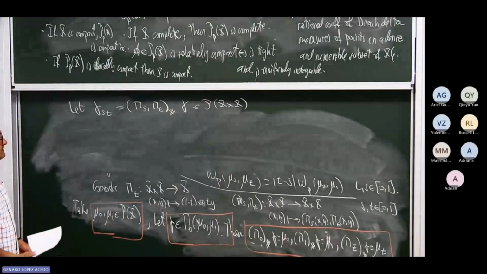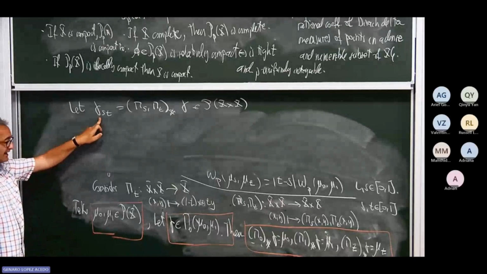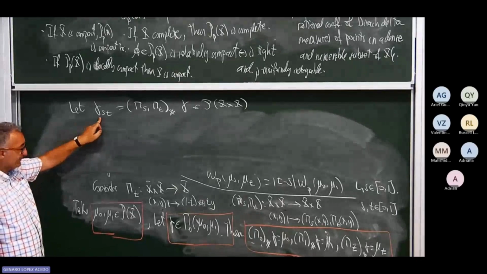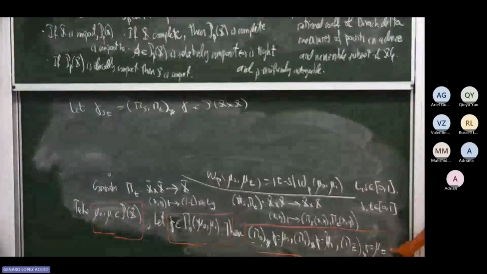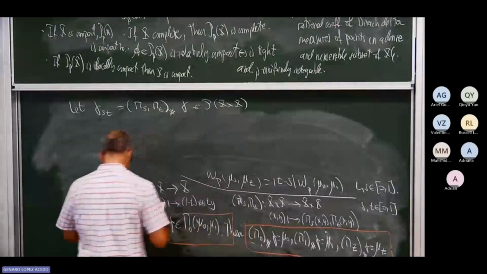So what will be the good thing? The good thing is that this probability that we have written here is actually a coupling. It's actually a coupling between mu_s and mu_t, and that's what happens, right? It's easy to check. We're going to check it like this.